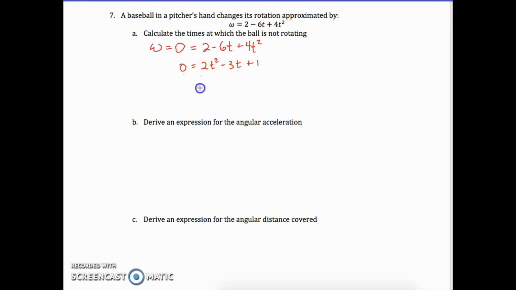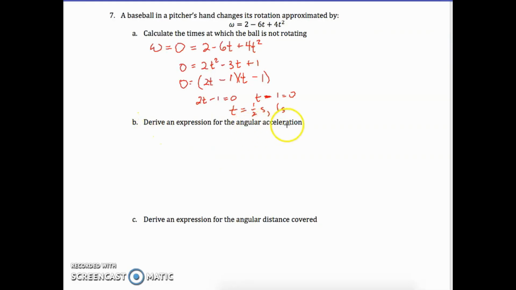And then we can factor this and set each factor equal to 0. So 2t minus 1 equals 0, and t minus 1 equals 0. And that will get us 2 times, at half a second and at 1 second.